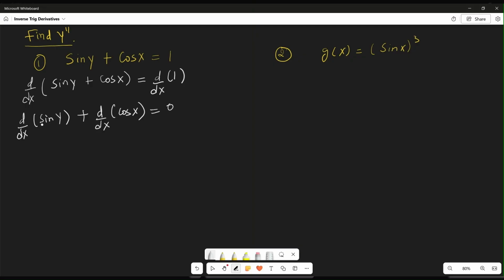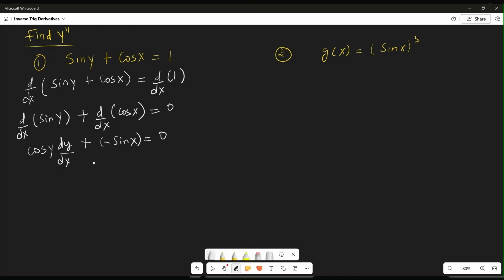The derivative of sine is cosine of y, but since y is a function of x, the derivative of y with respect to x is dy over dx, plus the derivative of cosine x, which is negative sine x.